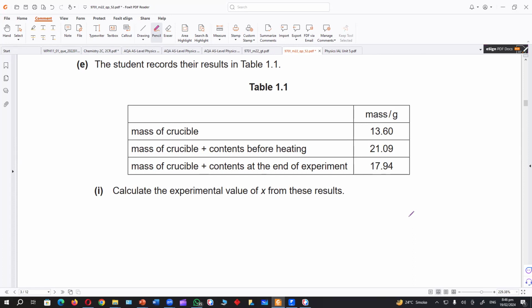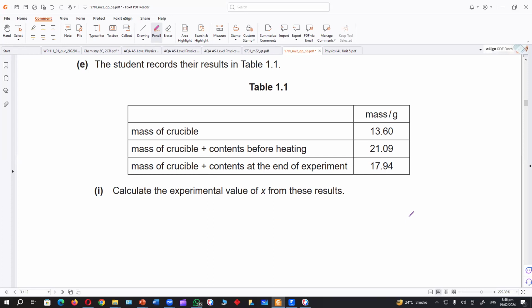So what should we do? We have three values. How should we know what is the mass of water of crystallization and what is the mass of copper sulfate?